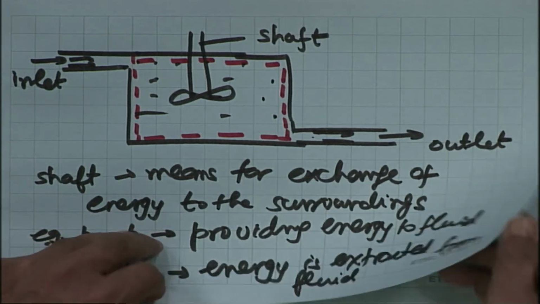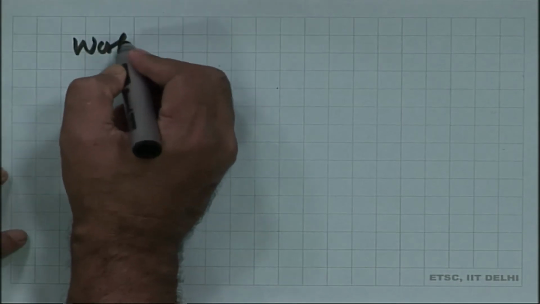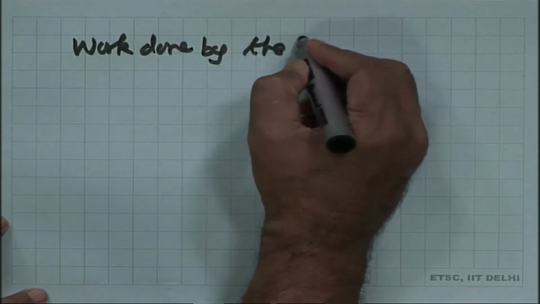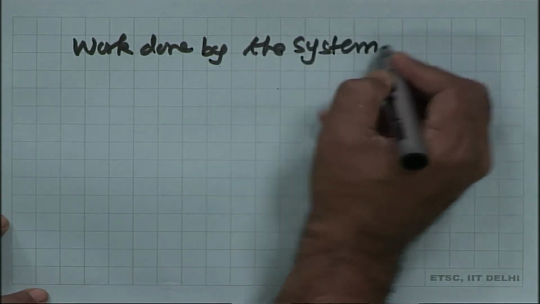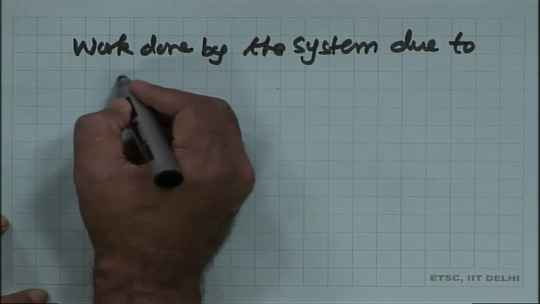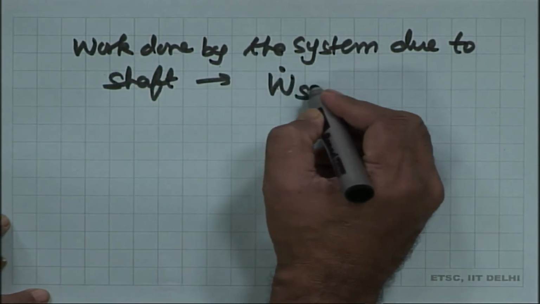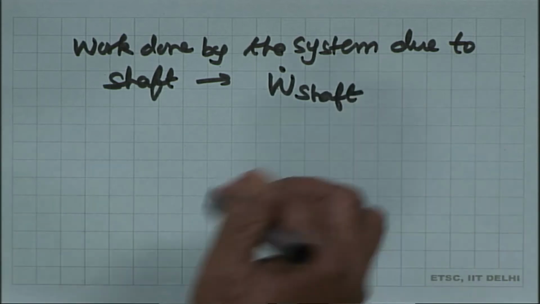So, whatever is the work done by the system due to the shaft, we express this as W dot shaft.